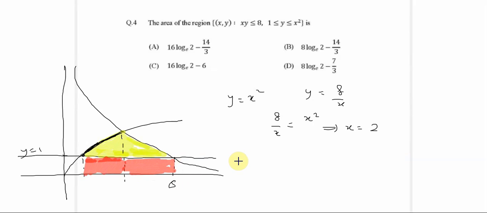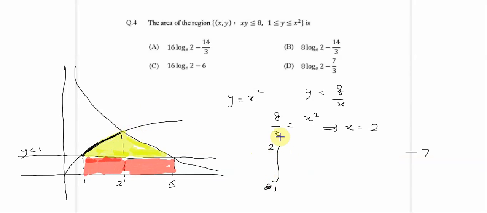Alright, so our answer will be 7 times 1, minus 7 we have to subtract, and the total integral is the integral from 1 to 2.